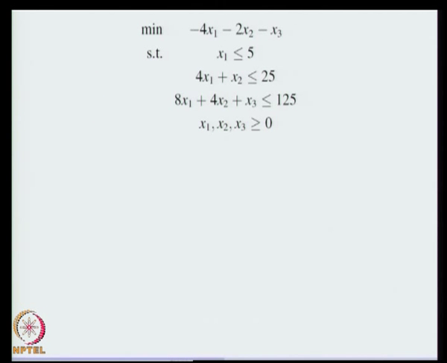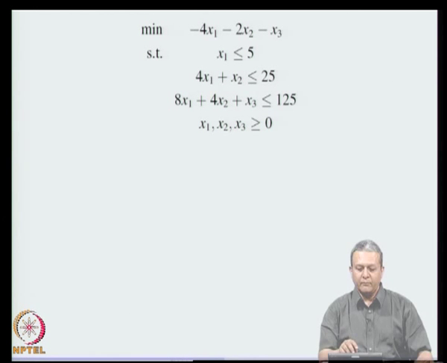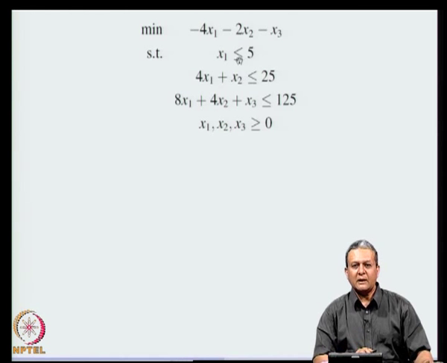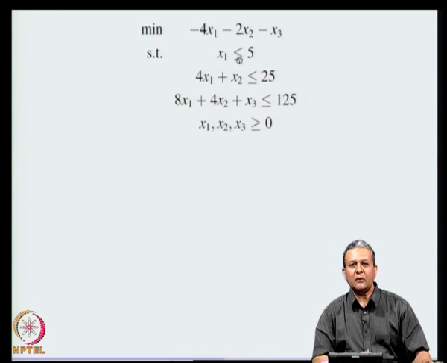So, let us take a simple case of that example with n equal to 3. The same example which Klee and Minty gave is given here for n equal to 3. So, we have 3 variables and 8 vertices for the feasible region.